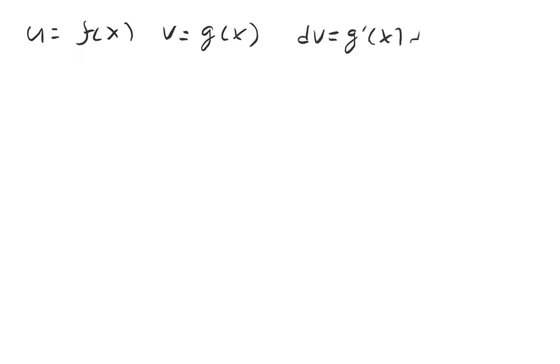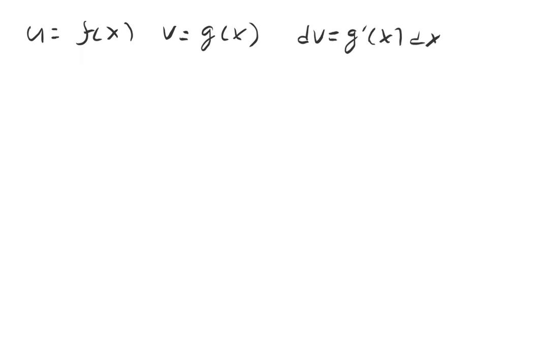So we're going to change the notation a bit. We're going to let u equal f of x. We're going to say v is equal to g of x. And from this, you can get dv is g prime of x dx.